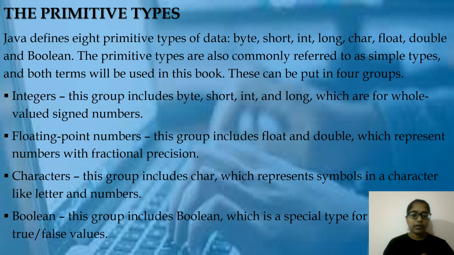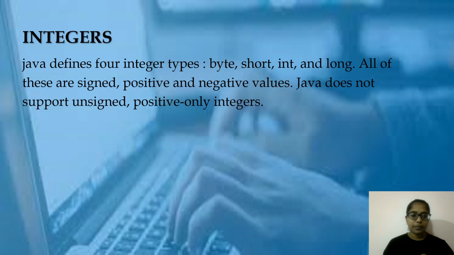Floating point numbers: this group includes float and double, which represent numbers with fractional precision. Characters: this group includes char, which represents a symbol like a letter or a number. Boolean: this group includes boolean, a special type for true or false values.